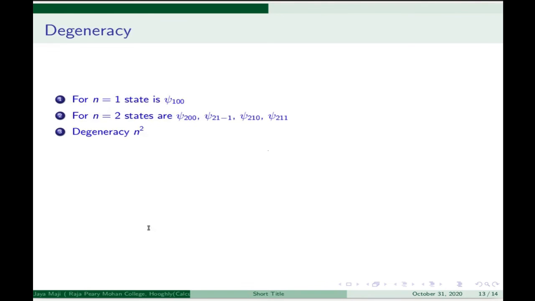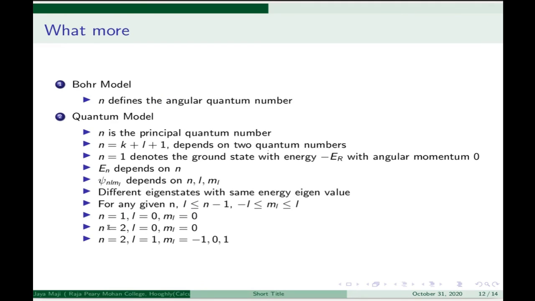So suppose n equals 1, and we know that L is less than or equal to n minus 1, therefore the possible value of L would be 0, and then ml would be 0. And then if we have n equals 2, then the possible values of L are 0 and 1, and for 0 we have ml equal to 0, but for L equals 1, ml would be minus 1, 0 and 1.